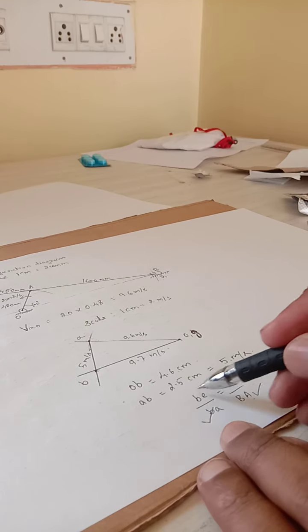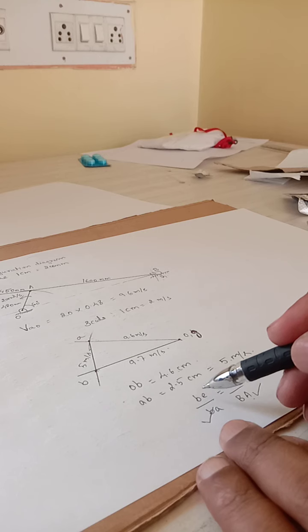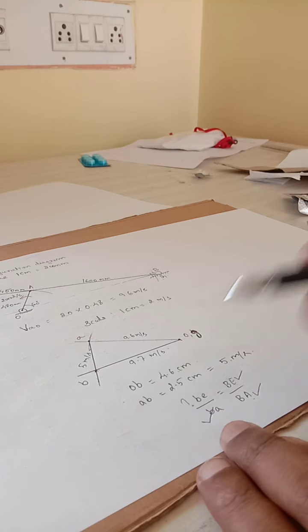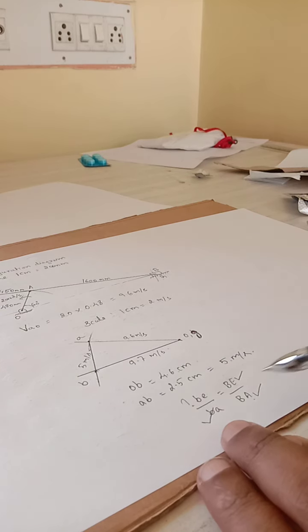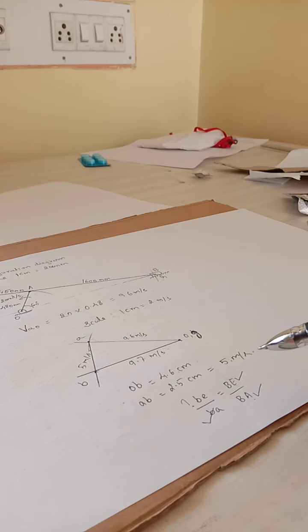The unknown velocity is BE. This should be calculated, and since all the values are known, we can just make use of this equation and find out the unknown value, and later on we can draw the velocity vector for that unknown.